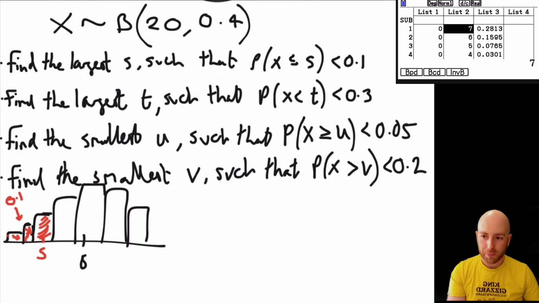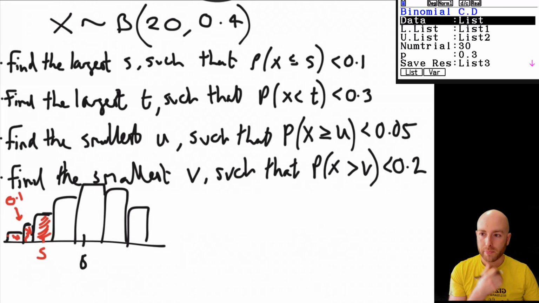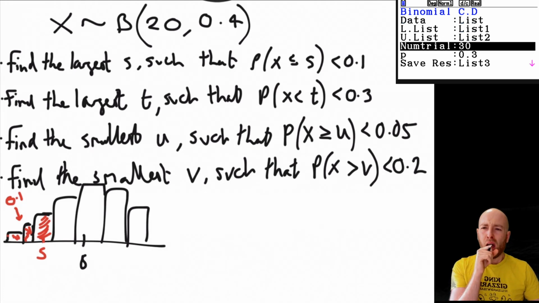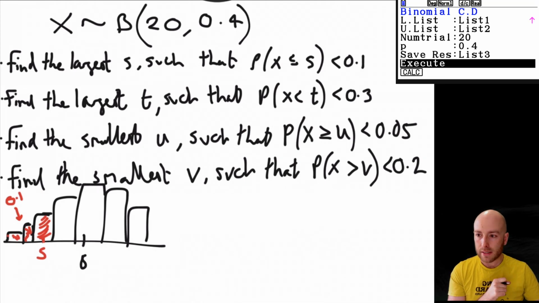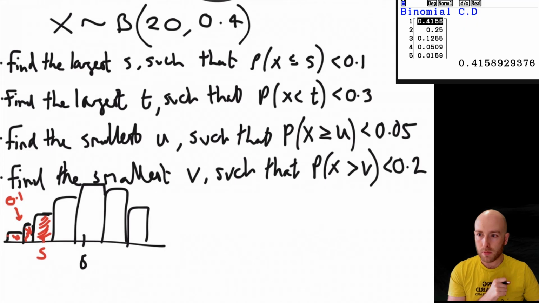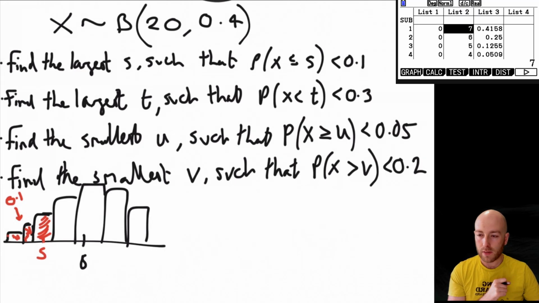So binomial CD. Just check, list 1 was the lower, list 2 was the upper. Number of trials is 20. My probability of success was 0.4. List 3 for the answers, and execute. There we go. If you go back to your screen, there are our values.